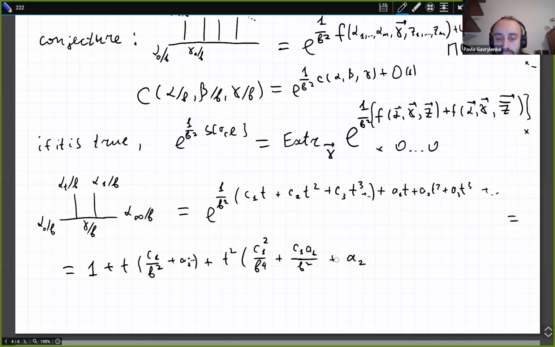I also missed plus c2 over b squared plus a2.